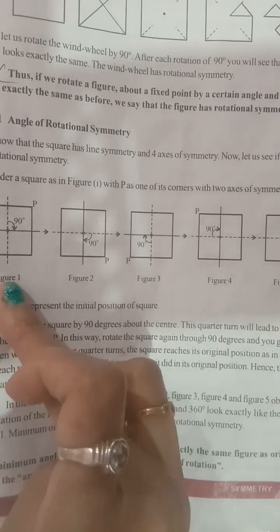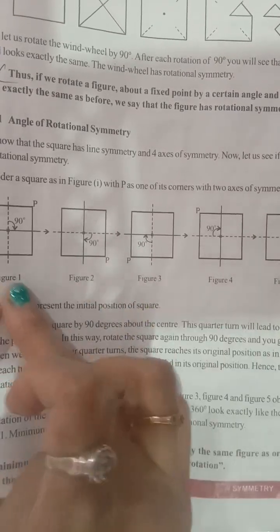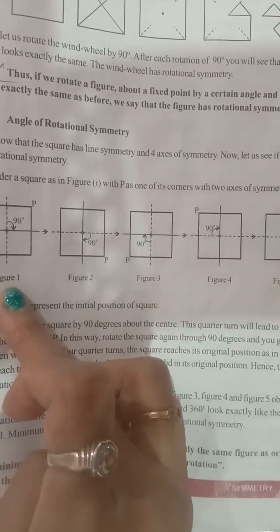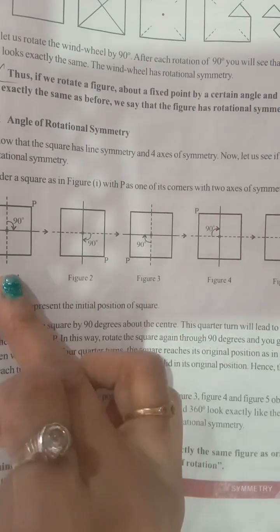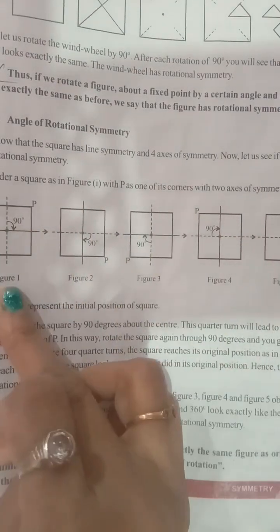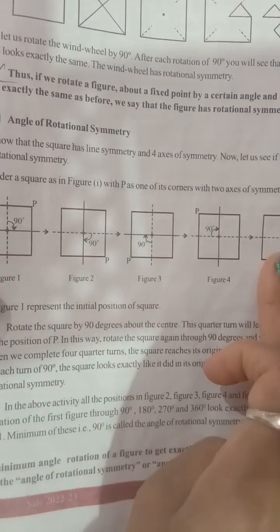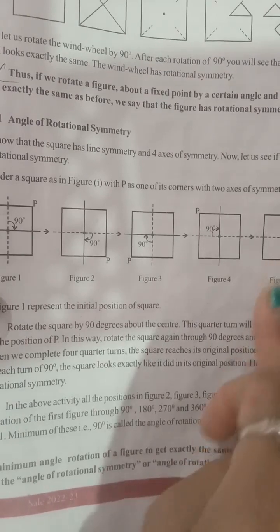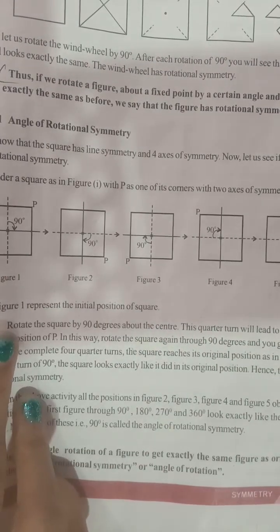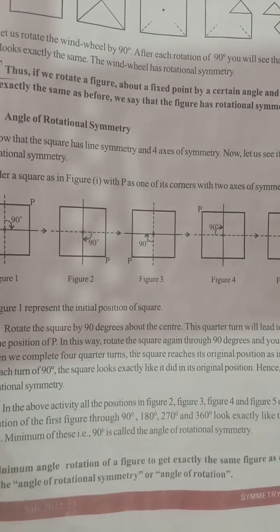We get the final figure 5, and this figure and that figure are both the same. In a full rotation there are 4 positions where the shape looks exactly the same: 1, 2, 3, 4. Figure 1 and figure 5 are both equal.